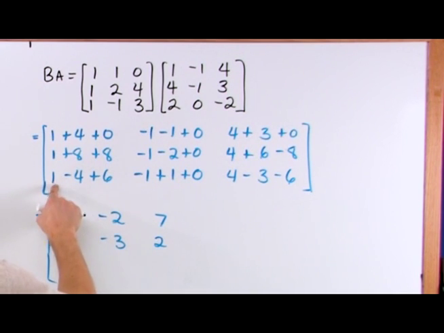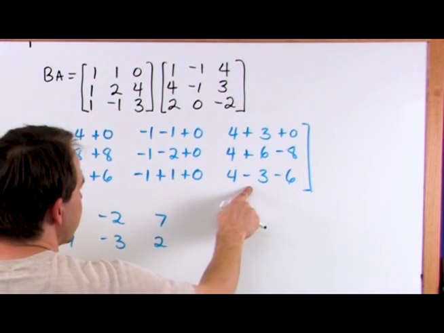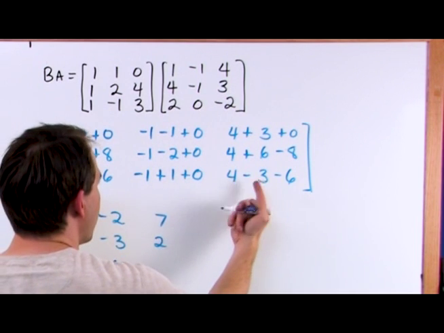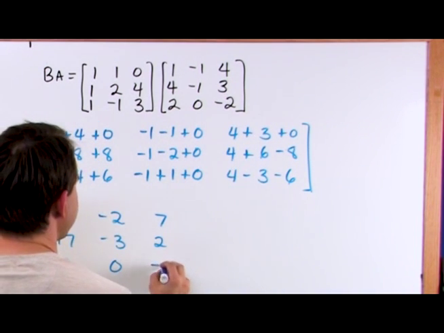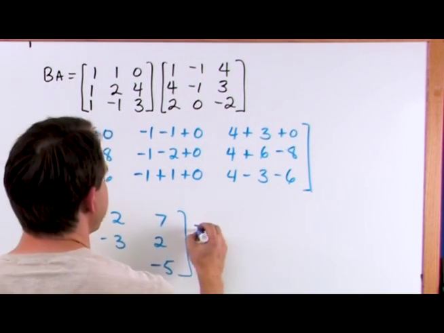Over here, 1 minus 4 is going to give us negative 3. Plus 6 is going to give us the positive 3. Negative 1 plus 1 is going to give us 0. And then over here, 4 minus 3 is 1. 1 minus 6 is negative 5. So that should be our answer. 5, negative 2, 7. 17, negative 3, 2. 3, 0, negative 5. Okay, and that is actually B times A.